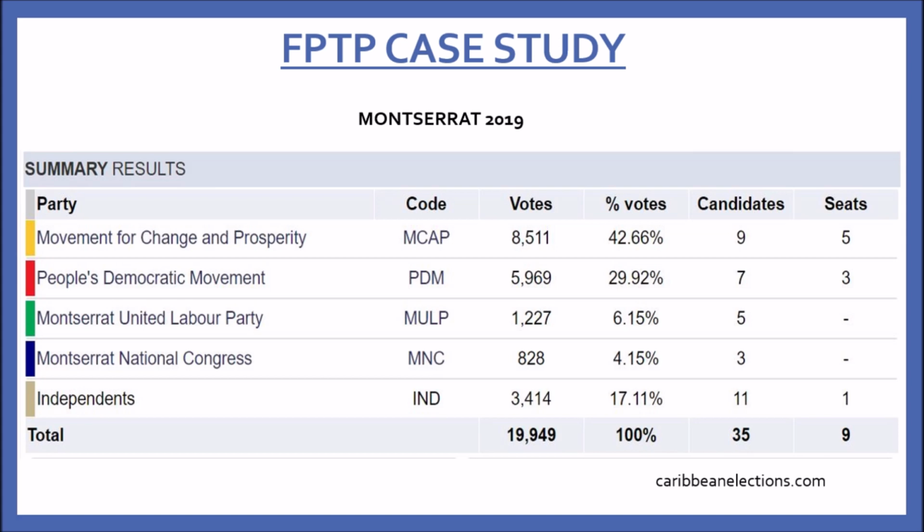This highlights the fact that the first past the post system, first of all, favors the 2-party system because there are only 2 major parties that are winning seats here. It also highlights the fact that independent candidates also stand a chance of being represented in the parliament.